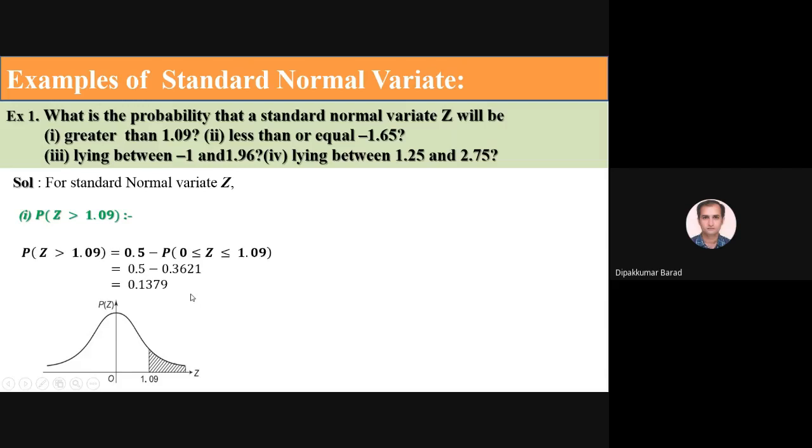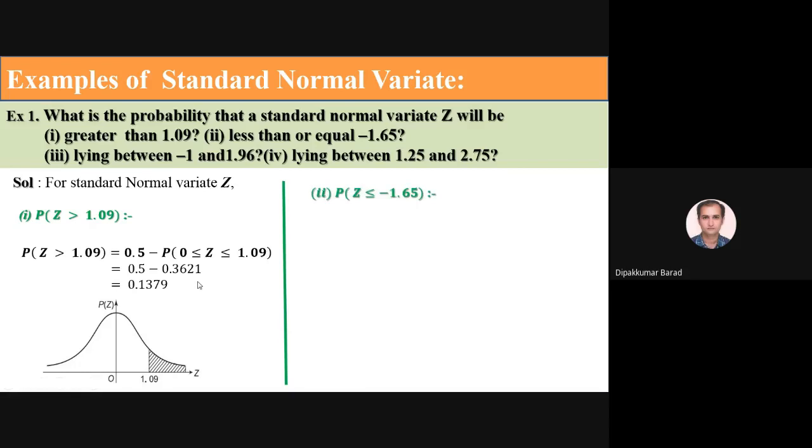And how do we get this? 0.3621, which we get from the table. We look in the first column at 1.0, and then in the row 0.09, whatever value we get, which is 0.3621. So now everybody knows how to look in the normal table. So 0.5 minus this, and we get P of Z greater than 1.09.